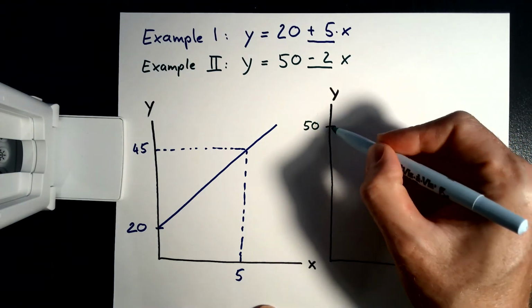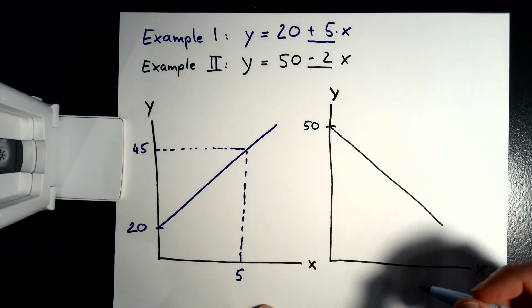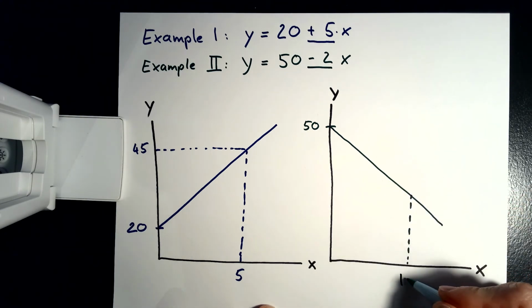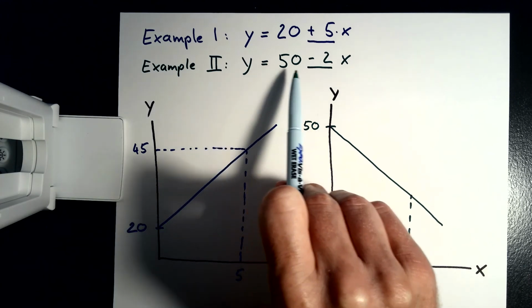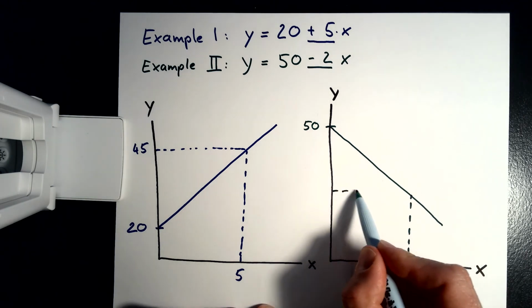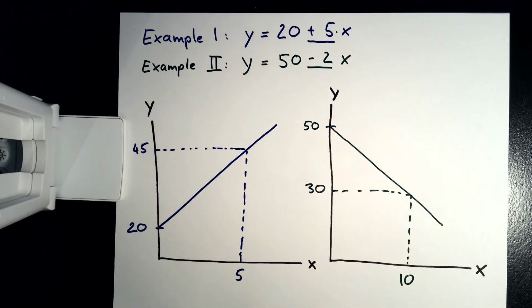So the function looks like this. For example, if x is equal to 10, then we have 50 minus 2 times 10 is equal to 30. Okay. So this is how you use a linear function.